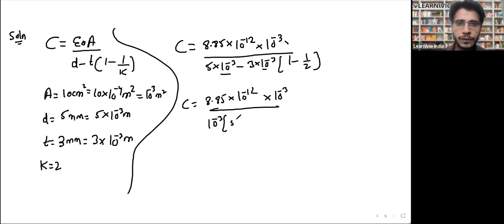You are left with 5 minus 3 into 1 minus 1 by half, which is half.